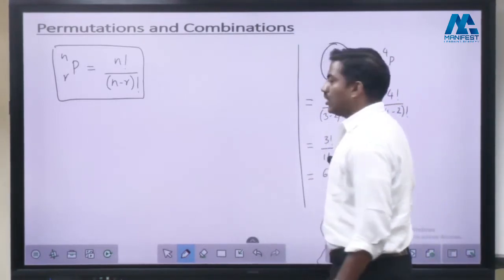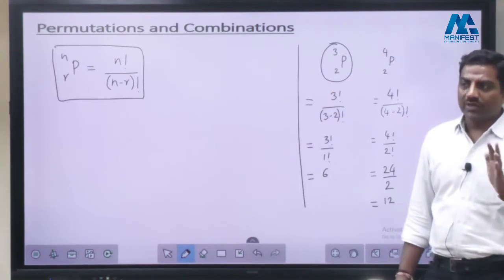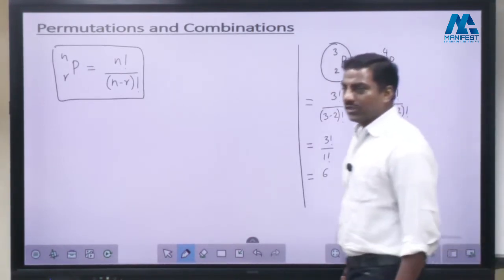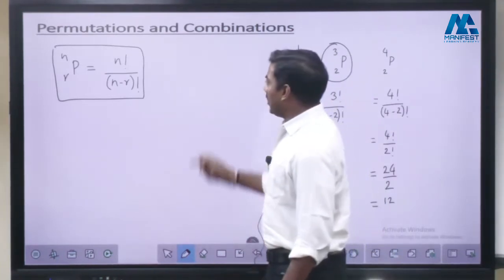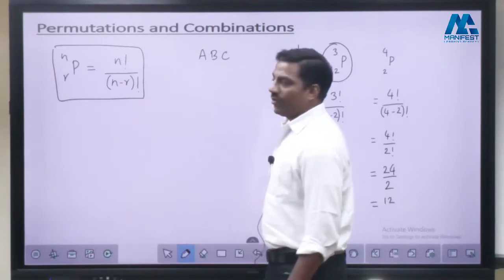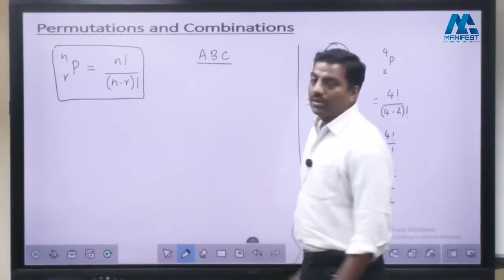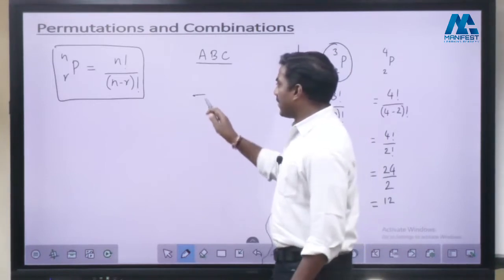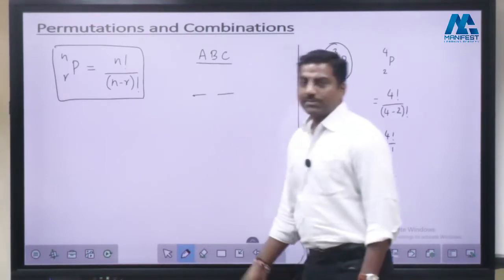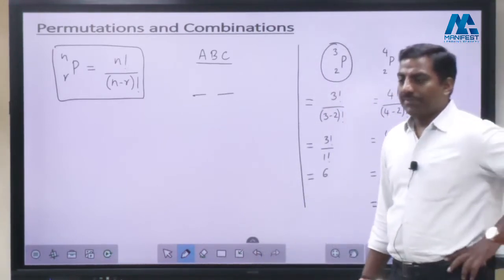Now, you only focus upon the permutations. Combinations, don't worry. After a few minutes, I'll deal with the combinations also. In the first situation, where we had taken A, B, C and we were arranging them, there was one place for captain and another place for vice captain.